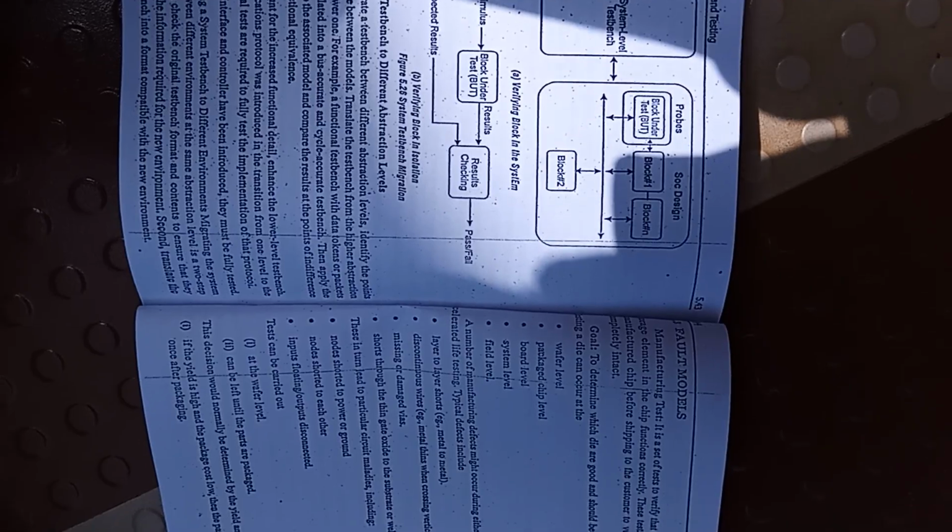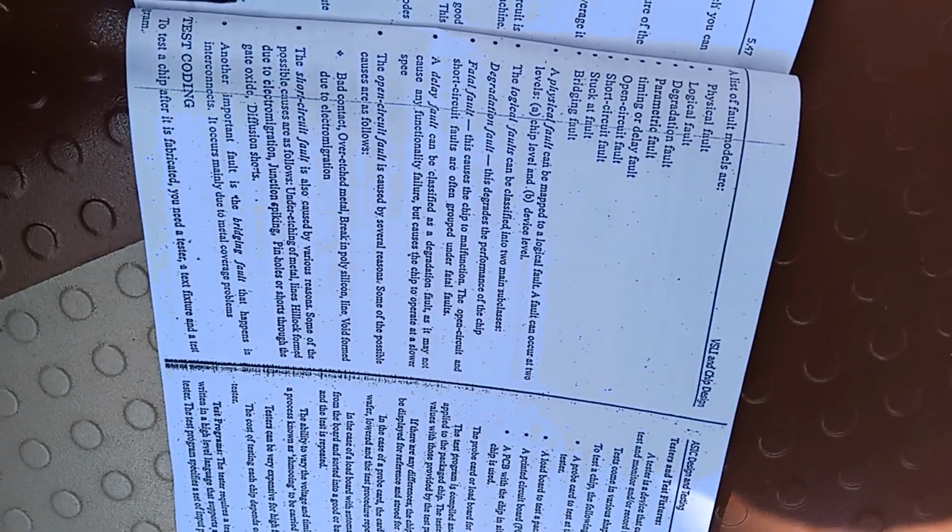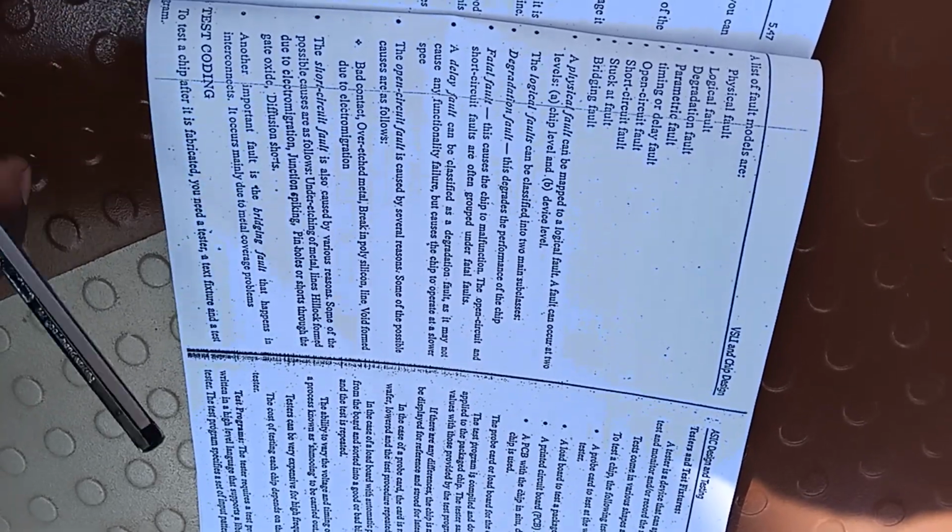So built-in self-test, you will be having the test within the same block. And boundary scanning, it will be scanning the levels. So different types of faults will be there: physical fault, logical fault, degradation fault, parametric fault. And these are the different types of fault models. Physical fault can be mapped to the logical fault. Logical fault is again two classes.